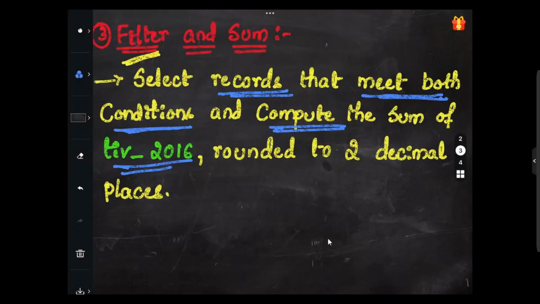They have strictly asked in the question that we have to round off to 2 decimal places. So this is what we need to do at the end. We discussed this by considering example 1, if you remember.